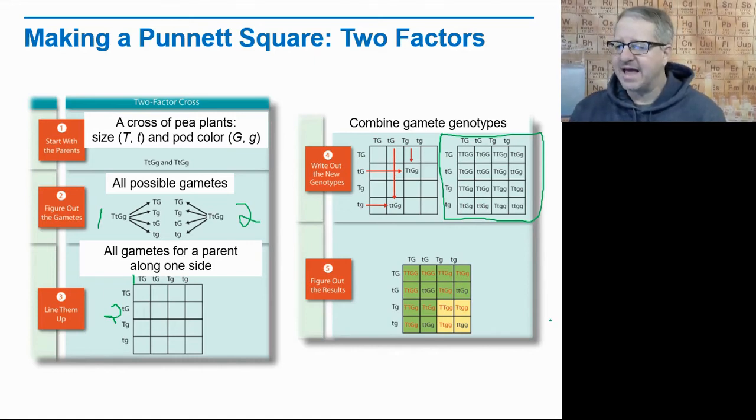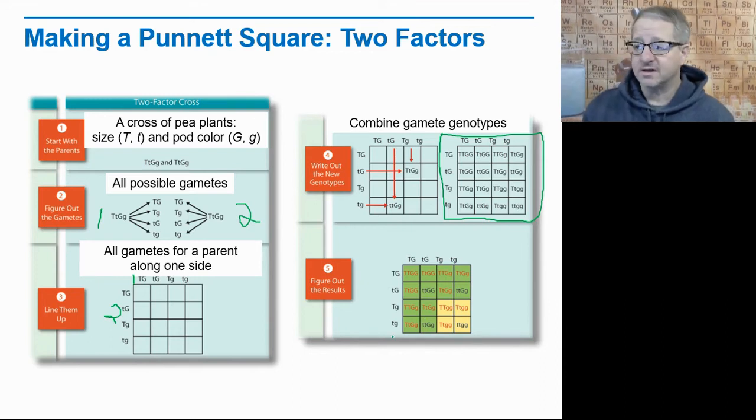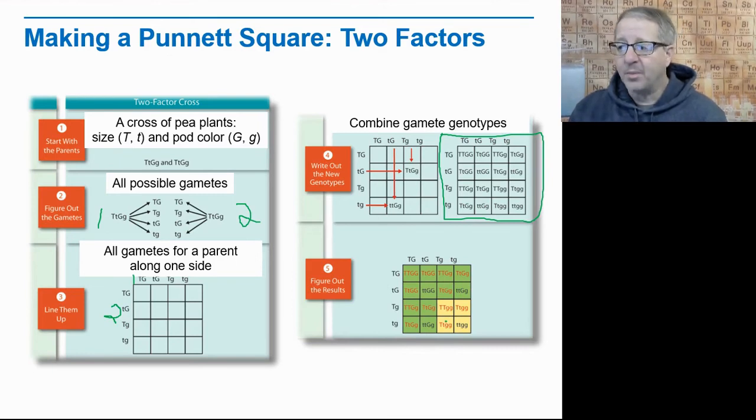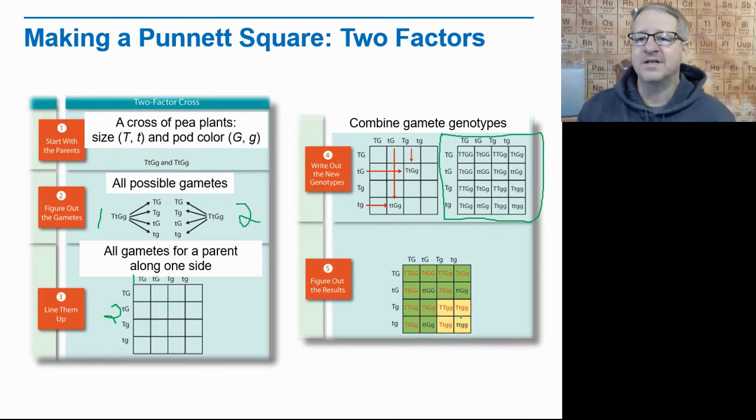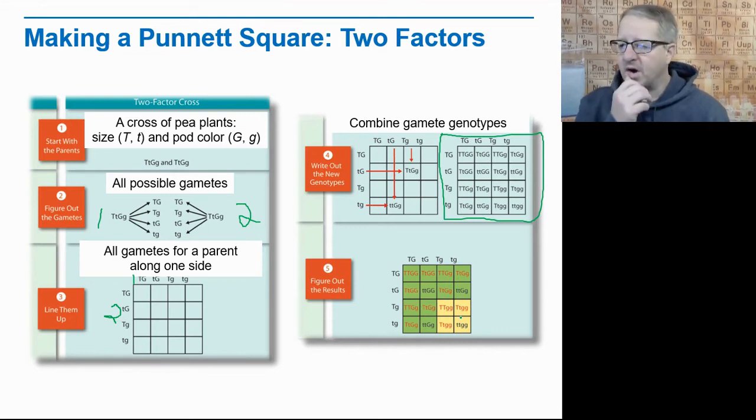Okay. There is a 3 out of 16 chance that they'll be green and short. Okay, you follow how this is working? For the yellow pods, there's only a 4 in 16 chance. That's basically 1 in 4. Sorry, a 1 in 4 chance that you're going to have yellow colored pods.